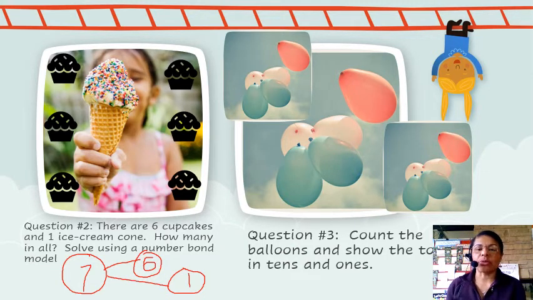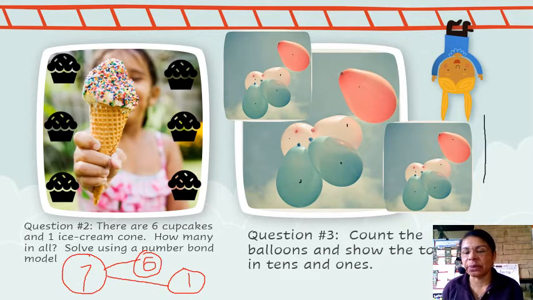Okay, so right here we have 1, 2, 3, 4, 5, 6, 7, 8, 9, 10, 11, 12, 13, 14, and 15. 15, I need to show 15 in tens and ones.